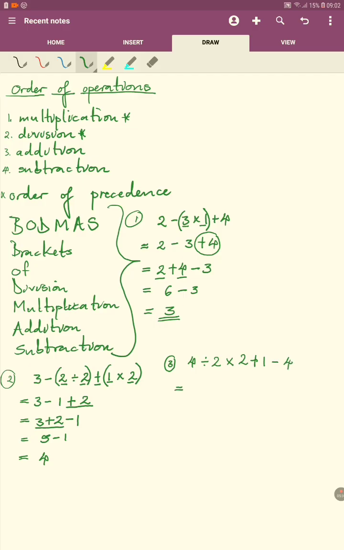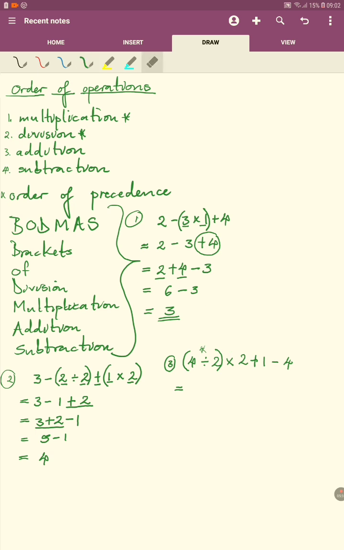We are going to put this first part inside the bracket, and then we simplify, because here we have got addition, we have got division followed by multiplication, so we can't put brackets for division and brackets for multiplication. We have to do that in steps.